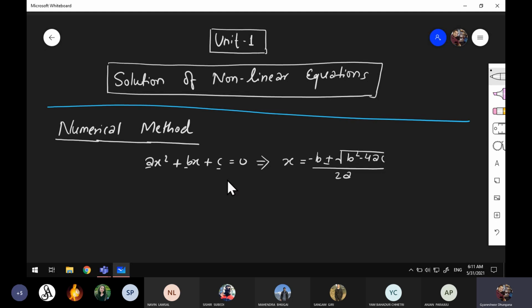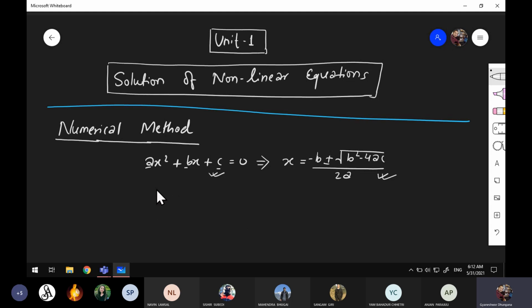This is called analytical approach to solve the problem. Okay, it is not numerical method. It is the analytical method to solve this problem. The analytical methods we can use to solve any problem as long as we have got some formulae, we have got some procedures.